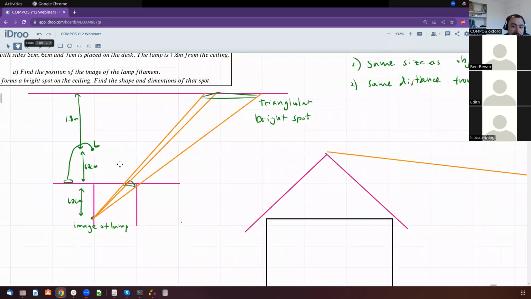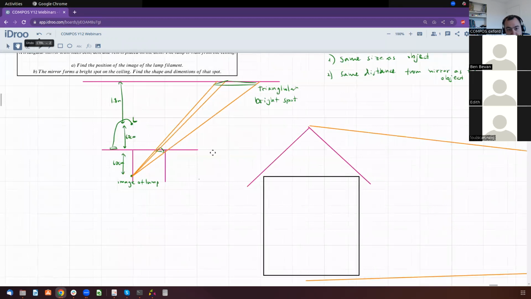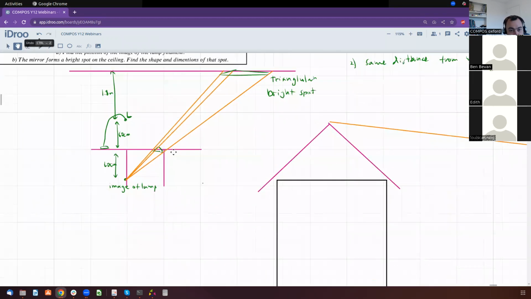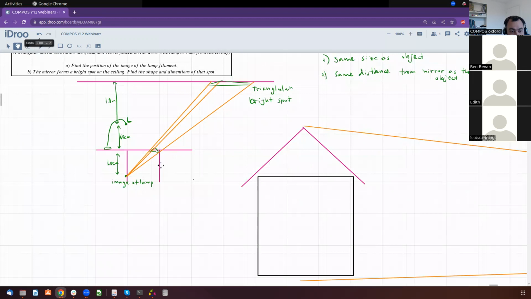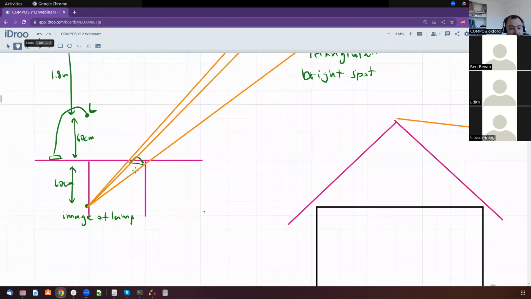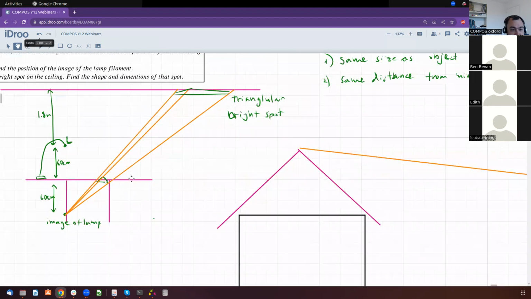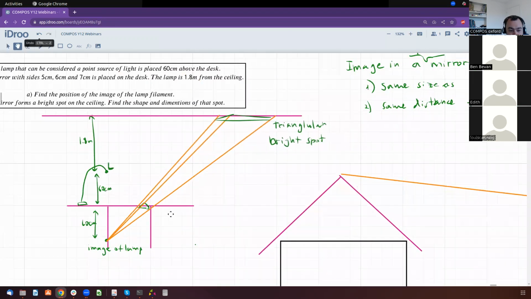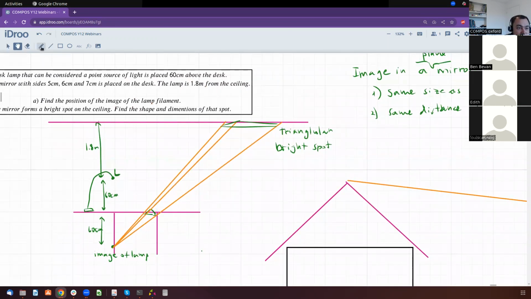And then you use the fact that these two triangular pyramids are similar. Use similarity of shapes, of 3D shapes, to work out the dimensions. So because this is 10 centimeters, 60 centimeters, and the whole height is 180 plus 60 plus 60, so that's 300 centimeters.